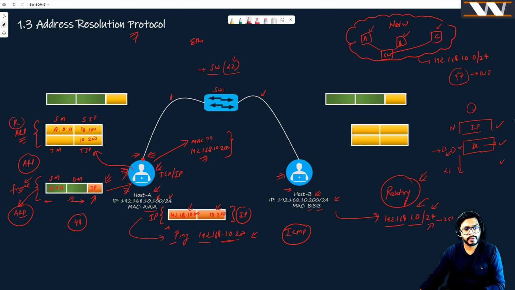But this is an ARP protocol message, right? You cannot put it on this wire unless you have the source MAC and destination MAC, because this switch is going to understand only source MAC and destination MAC. That is it, right? So I am denoting this ARP message with this yellow color here, and again I am going to write source MAC and destination MAC here. What is going to be the source MAC?